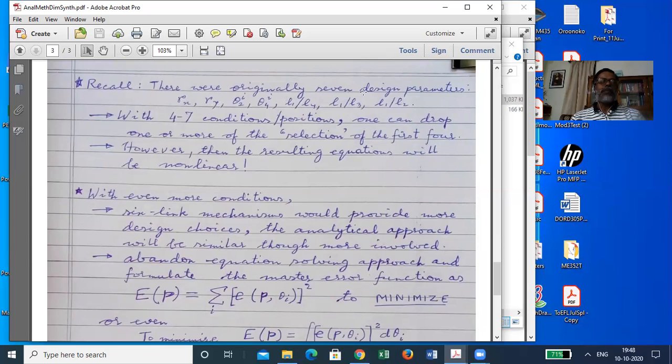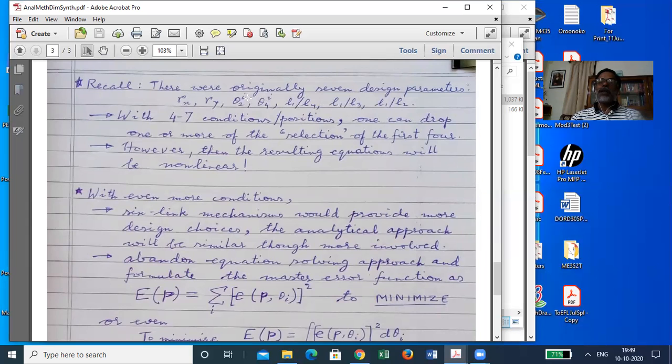However, other than the 3-position synthesis, the moment you go for more than 3 positions or more than 3 conditions, that is when you stop selecting these, when you want to determine some of these also as part of the synthesis problem, then the resulting equations in K1, K2, K3, K4, these are in a way the R1, R2, R3, R4 as we listed.